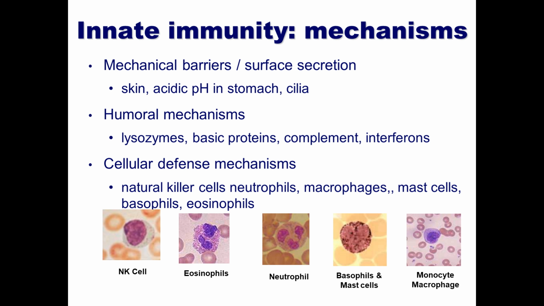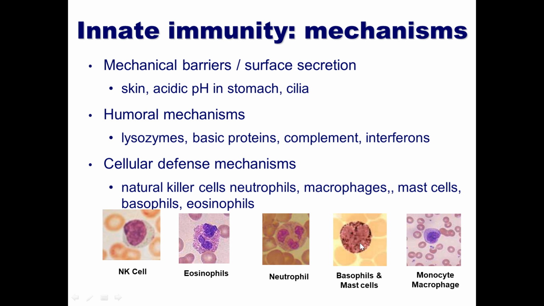Cellular defense mechanisms are natural killer cells, neutrophils, macrophages, mast cells, basophils, and eosinophils. See this diagram: this is a natural killer cell, this is an eosinophil, this is the neutrophil and the basophil, and mast cells, monocytes, macrophages. Is this clear?